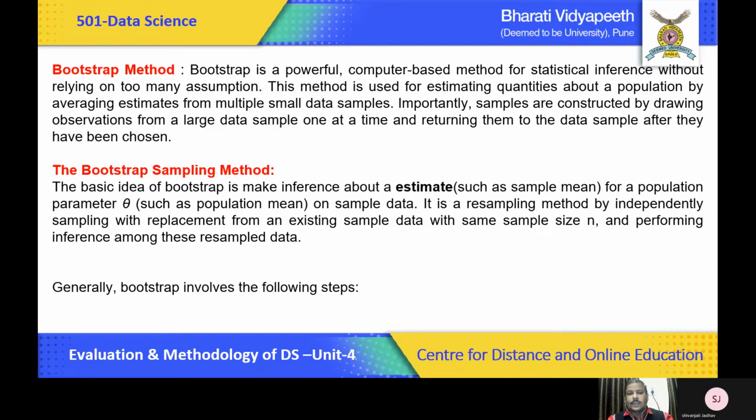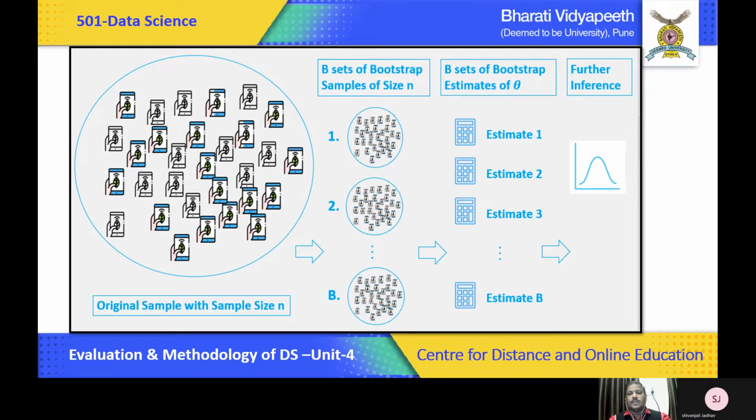Now you can see here, I'll show you the mechanism. This is how the complete population, you can see here original samples with the sample size. These are the sample size we have taken, right? This much of mobiles, smartphones, we are using.